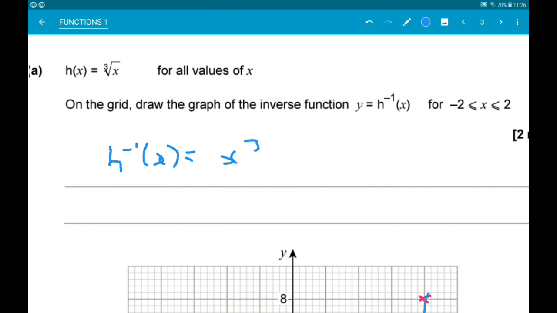So, then we just need to plug in some values. So if x is minus 2, y is minus 2 cubed, so minus 8. When x is minus 1, y is minus 1 cubed, which is minus 1.